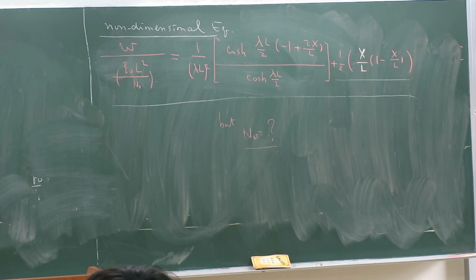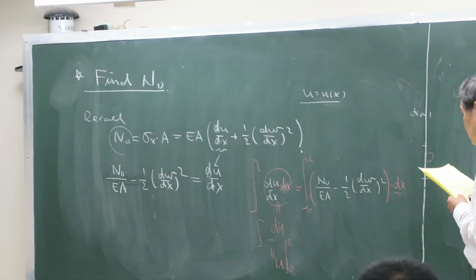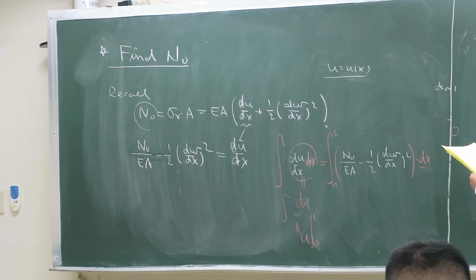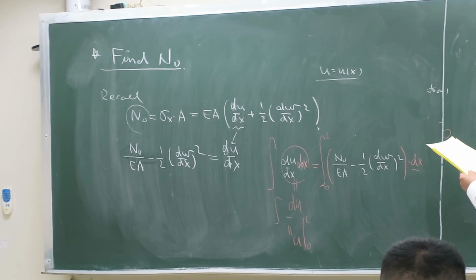The integration of du is equal to u, evaluated at 0 and L. So here I have the integral, with dx from 0 to L. So we have a U.